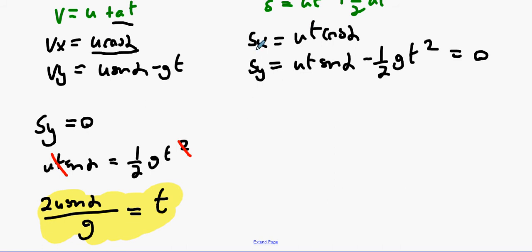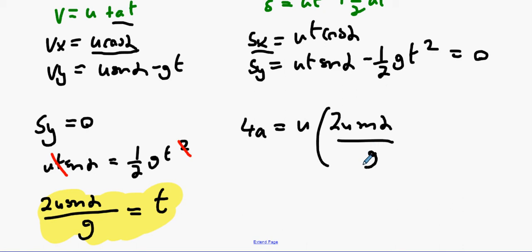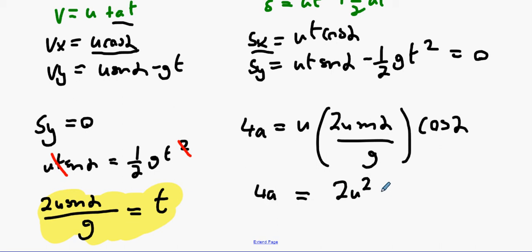So Sx, which at this time is 4a, is equal to ut, which is going to be u times t, which is 2u sine alpha over g cos alpha. And then we're going to get 4a equals 2u squared sine alpha cos alpha.